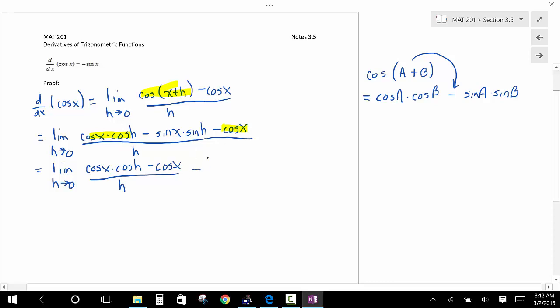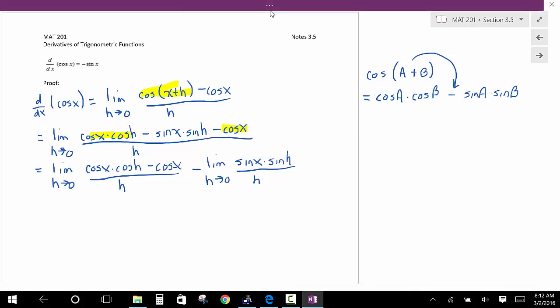Then I'm going to write minus and then a new limit, h goes to 0 of sine x times sine h all over h like that. Okay? You guys follow what I'm doing so far? Algebraically, all I'm really doing is I've applied one identity, and then I'm just using a limit theorem that we've learned how to do to put this together, okay?